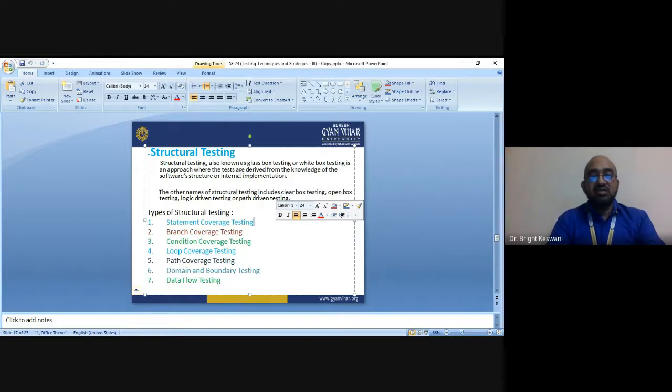The last structural testing method is data flow testing. Data flow testing focuses on the points at which variables receive values and the points at which the values are used. And this type of testing serves as a reality check on path testing, and that's why many authors view it as a path testing technique.